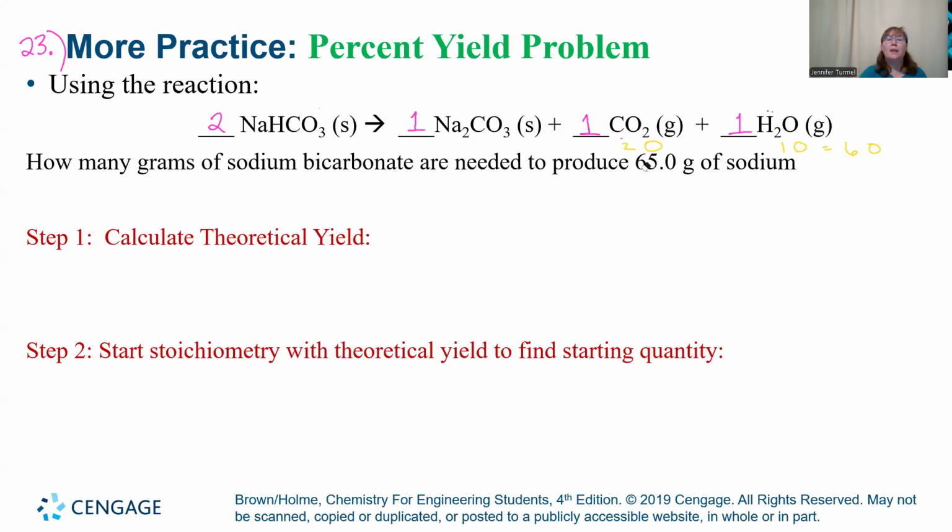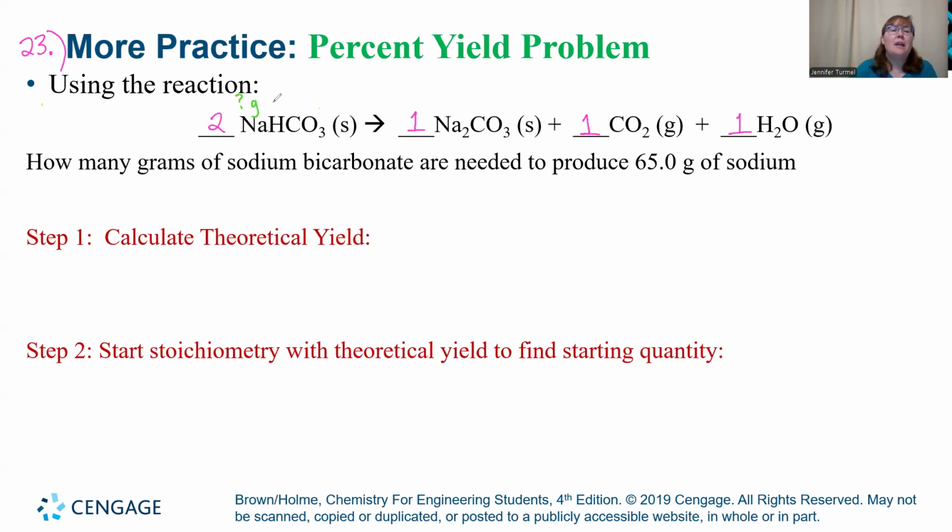I'm just going to erase my extra stuff so that I can get through that. And now it says down here to calculate our theoretical yield, because this is using the reaction: two sodium bicarbonate yields 1 sodium carbonate, 1 carbon dioxide, and 1 water. And we want to know how many grams of our sodium bicarbonate are needed.